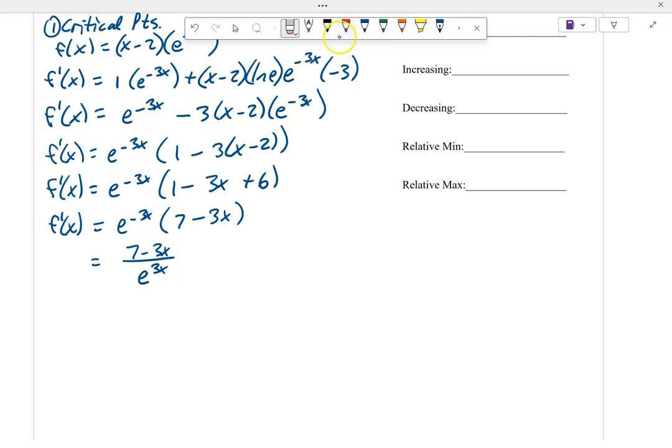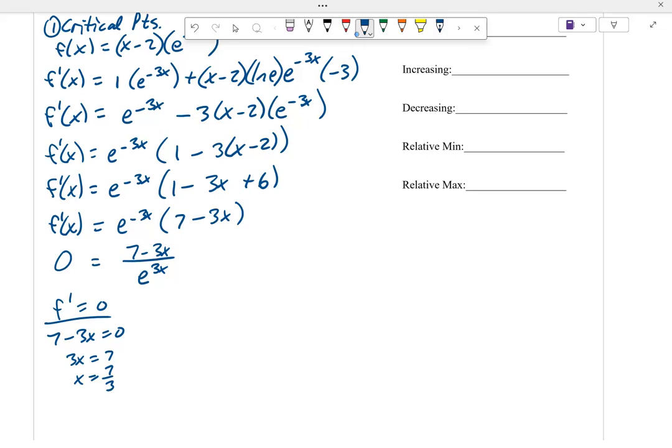Now we want to know, where is this thing equal to 0 or undefined, right? Where would it be equal to 0? Well, where is f prime equals 0? If 7 minus 3x equals 0. In other words, if 3x equals 7 or at 7/3, right?